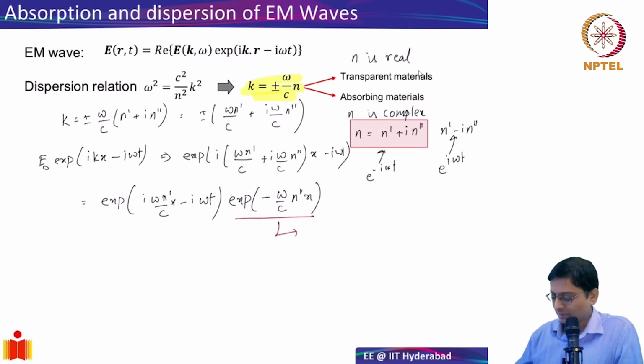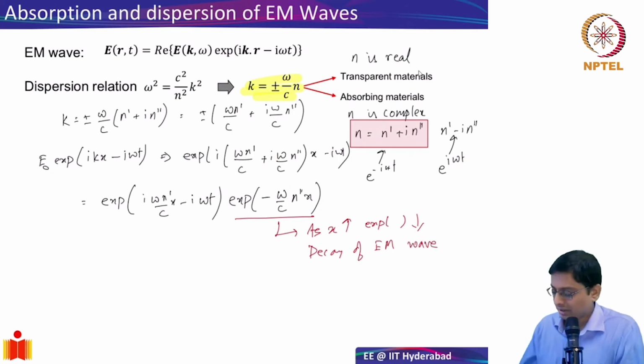What happens to this term as x increases? As you go to larger and larger x, this exponential term reduces, right? It decays. So this essentially captures the decay of the EM wave.